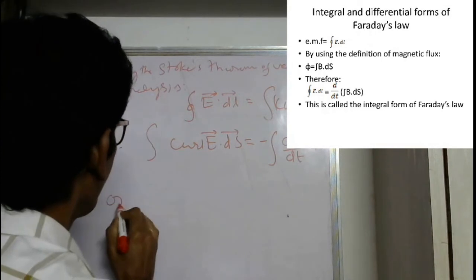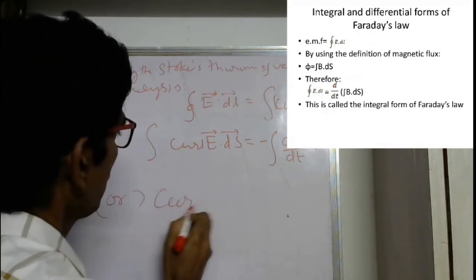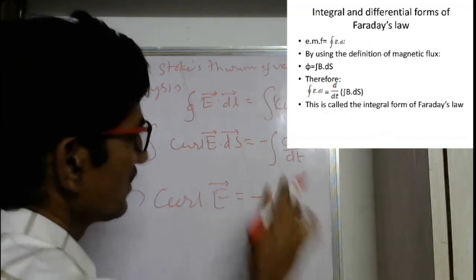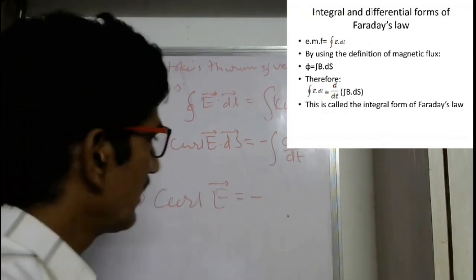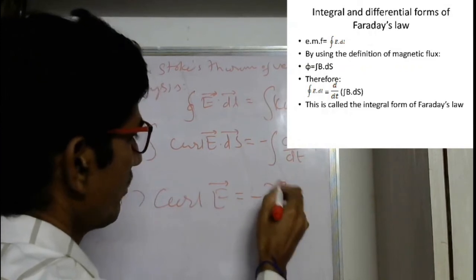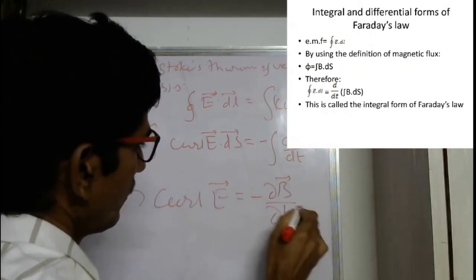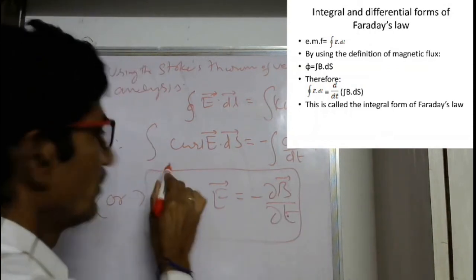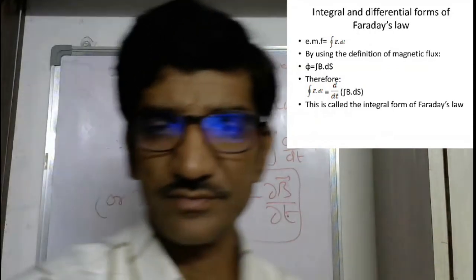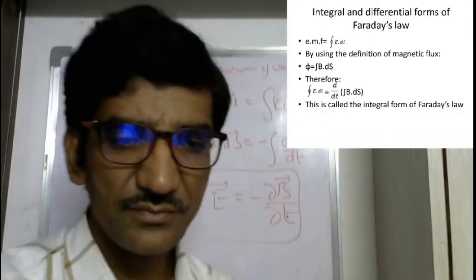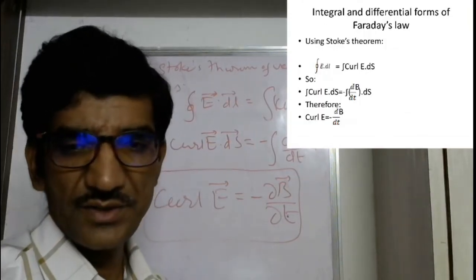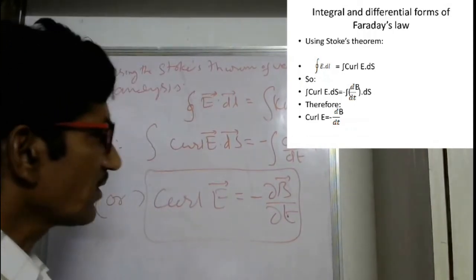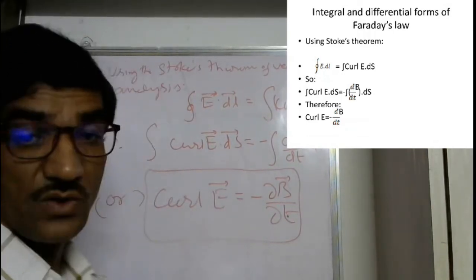So now you may write this as curl E is equal to minus dou B by dou t. You can see this on the slide as well. Now you have curl E is equal to minus of dou B by dou t.